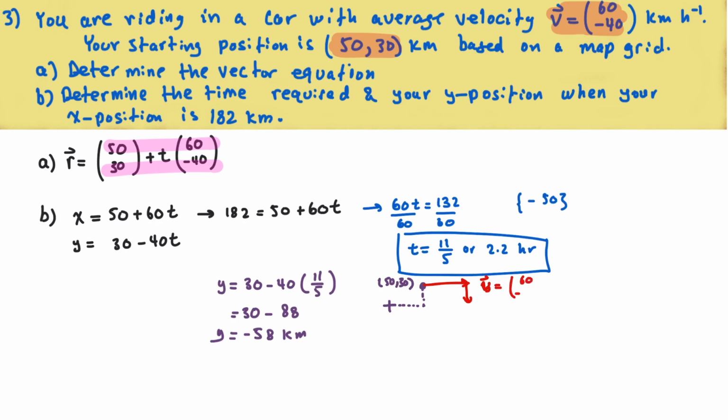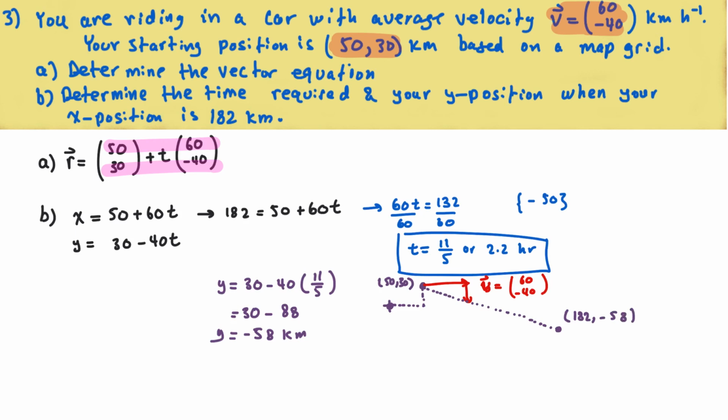As we travel, we go in the east direction and in the south direction. In 2.2 hours, we've reached our final position here, which was 182 kilometers in the x direction relative to the origin, and -58 in the y direction.